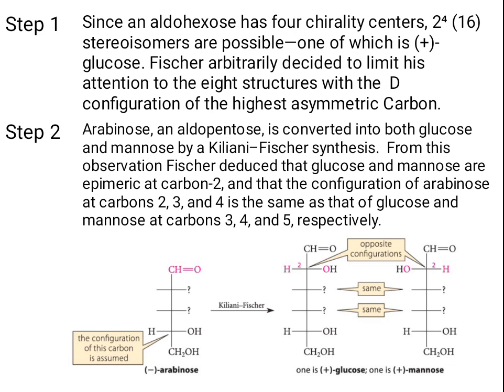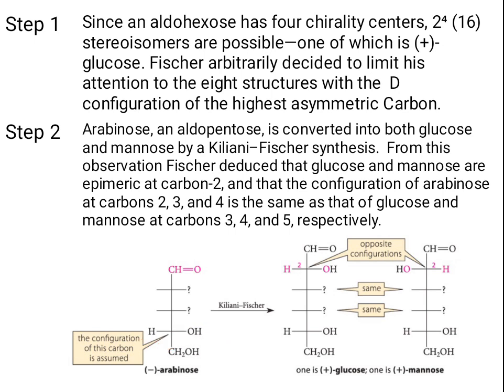Fischer arbitrarily decided to limit his attention to the 8 structures with the D configuration of the highest asymmetric carbon. So at first Fischer decided that this highest asymmetric carbon has the D configuration. This carbon has the D configuration. Fischer arbitrarily chose that.